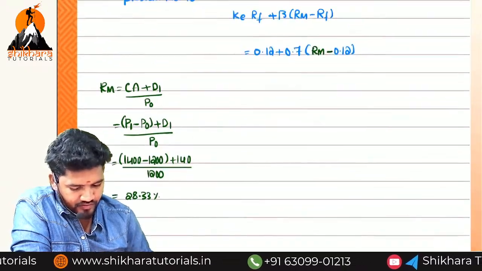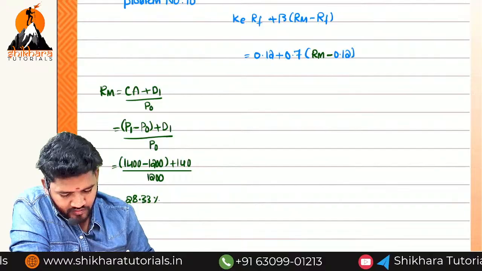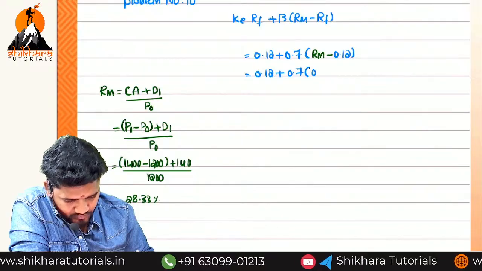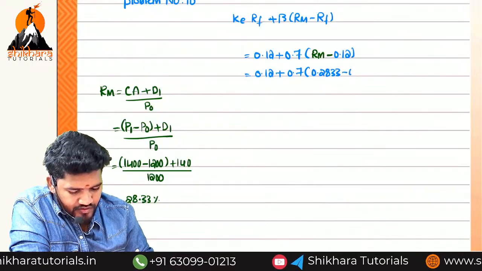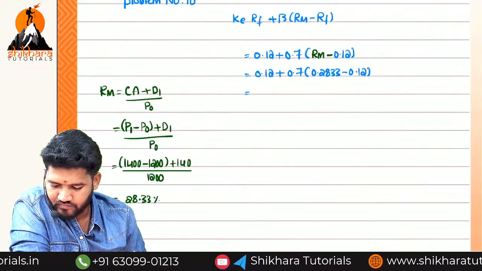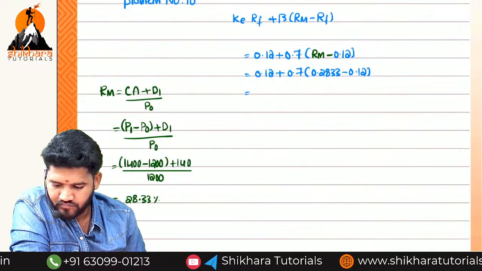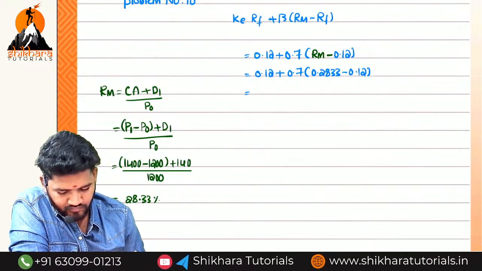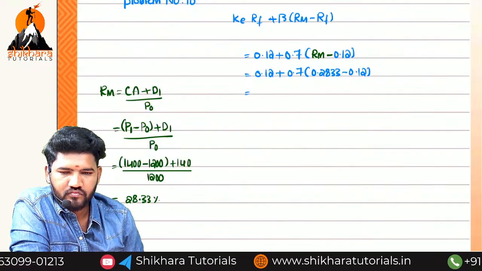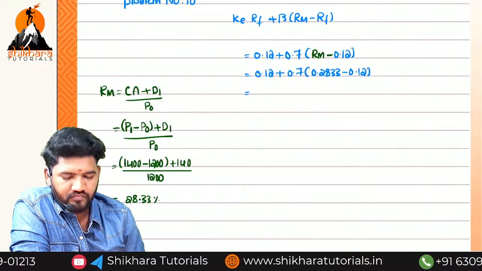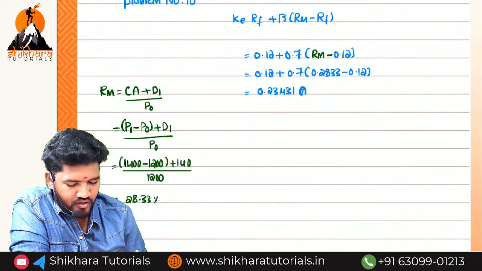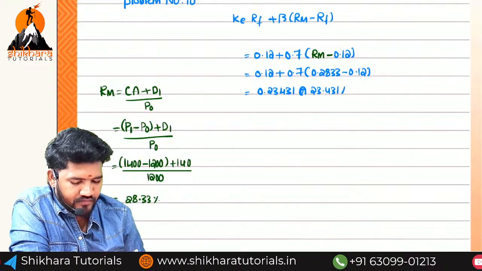I want the rate only. Now 0.12 plus 0.7 of beta times RM, 0.2833 minus 0.12. Answer: 0.23431, that is 23.431%.